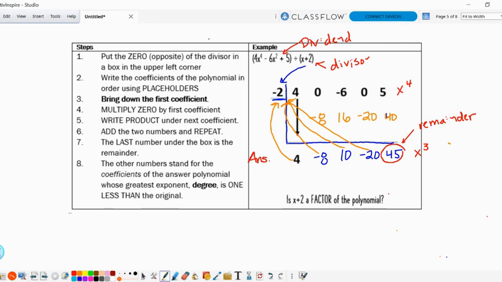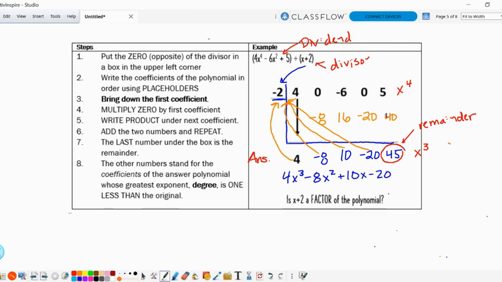Here's how we write our answer or our quotient. We went from x to the 4th to x cubed. So these are our coefficients for our answer or our quotient. 4x cubed comes first, minus 8, and we're going to go in descending order of powers. X squared, then a 10x, and then a minus 20.